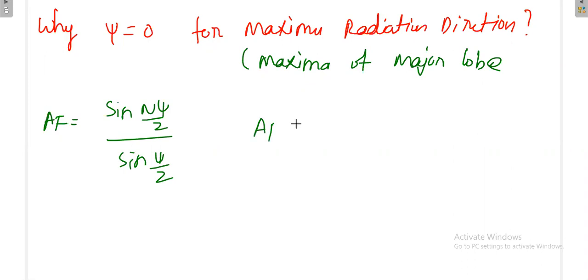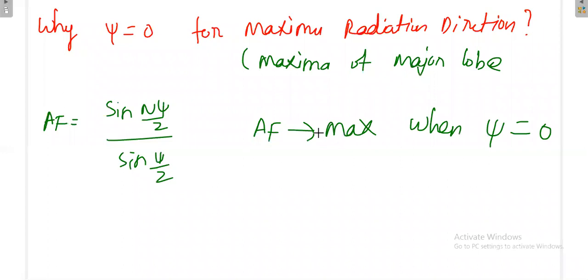In some cases, I can take, except psi equal to 0, some other value such that my numerator is maximum. I can also choose psi in such a way that the numerator is maximum.